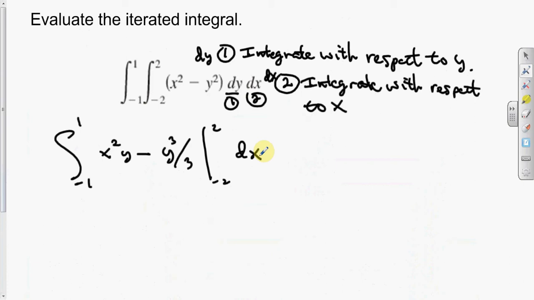Because if you were integrating 5 plus y with respect to y, wouldn't that be 5y plus y squared over 2 plus c? So here we treat the x squared as a constant with respect to y. That's why that becomes x squared times y.